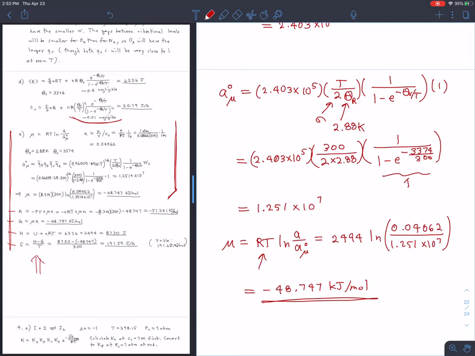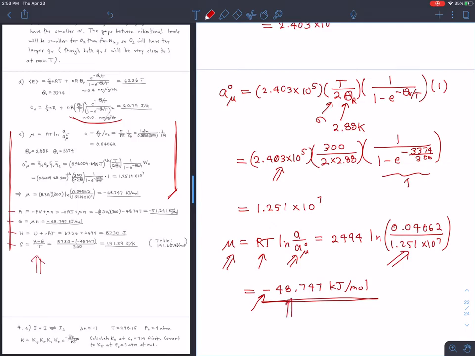Notice the minus sign first of all, that means it's a favorable chemical potential. Notice that that's coming from this big denominator. It's coming from the activity of the microstates, or in other words, from the molecular partition function at C0. And the biggest contribution to that by far is the translational partition function.